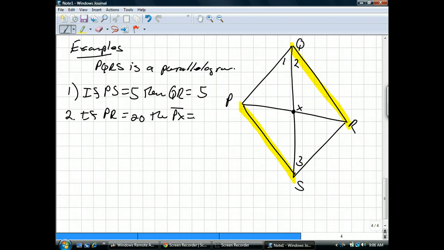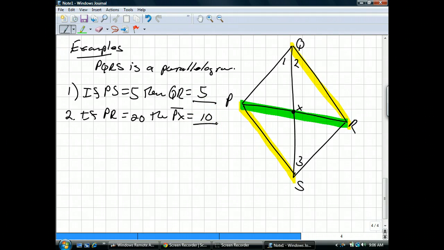Okay, number 2, if length of PR equals 20, then length of PX has to equal what? Okay, so PR is this segment, and we know that the theorem says that the diagonals of a parallelogram bisect each other, so we know that X is a midpoint of PR, so therefore PX is half of 20, or 10.